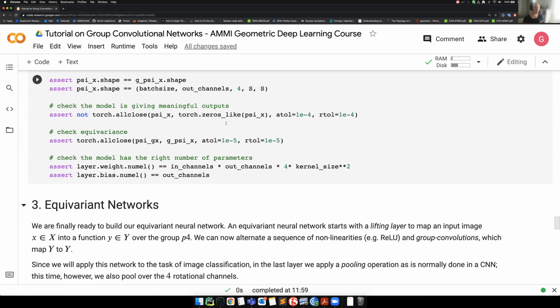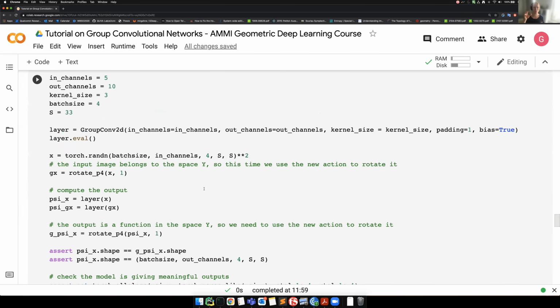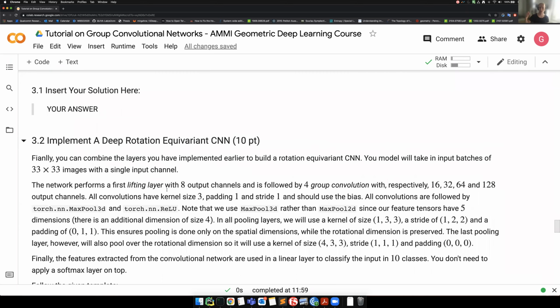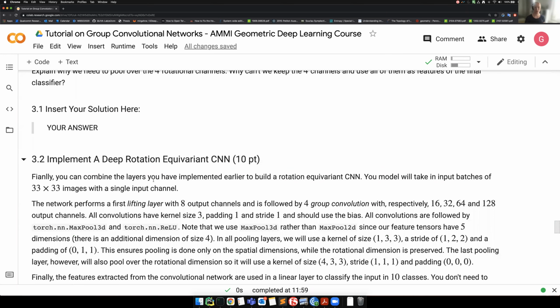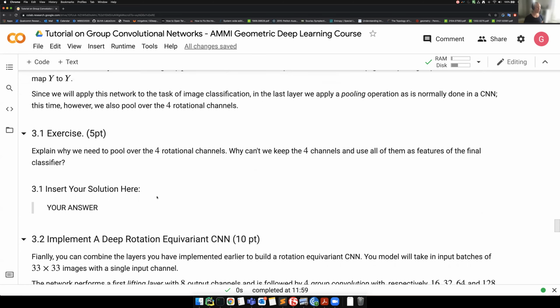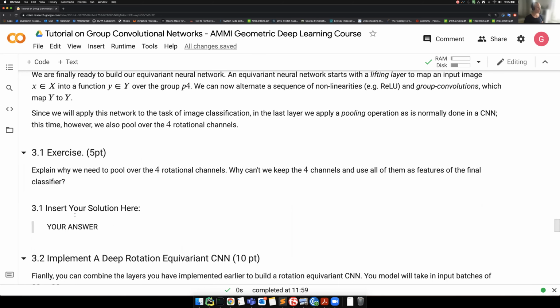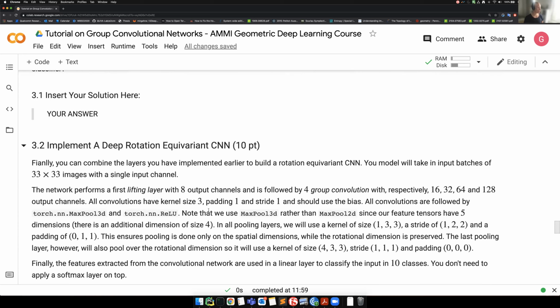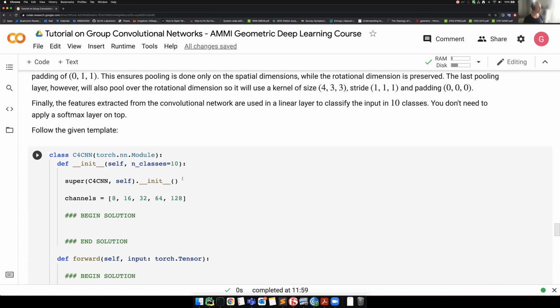Once you have built these, those are all the building blocks we needed to build our neural network. So we have finally arrived at the point where we can stack our convolutions and build the final neural network. Before that, there's a small theoretical question. You can have a look yourself at this. And then we can build our neural network.